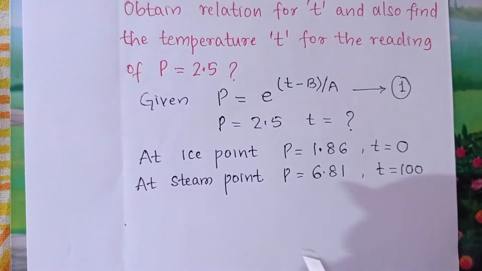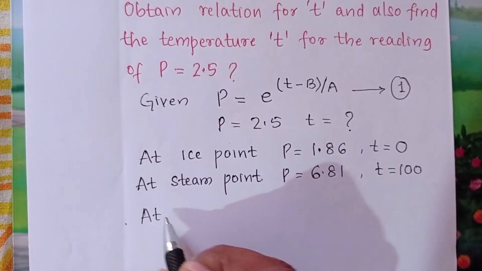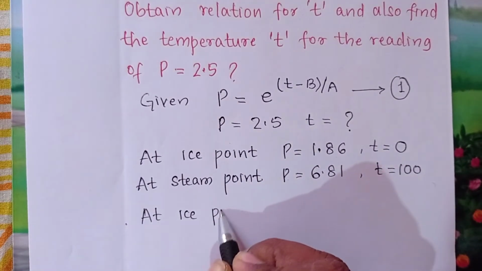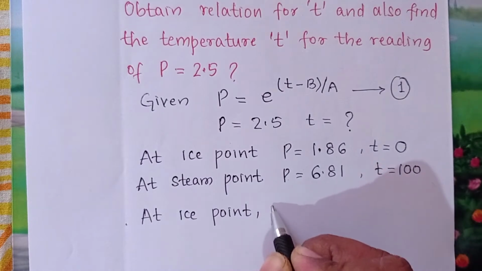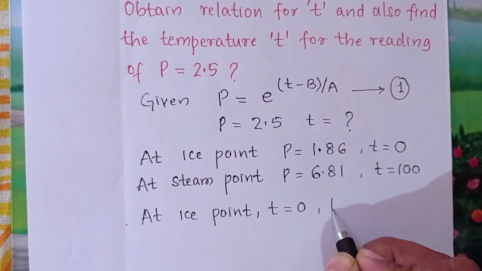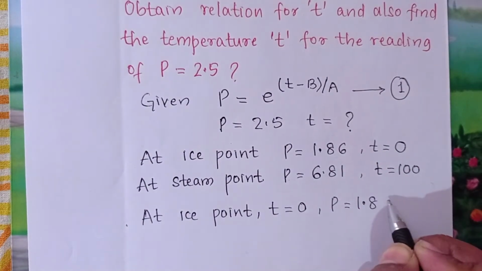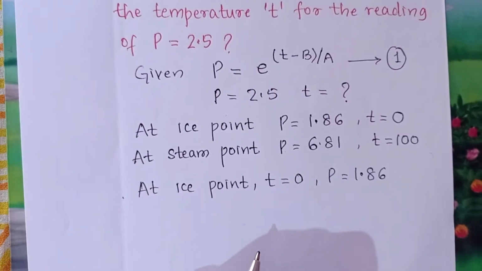So let us take first the ice point. At ice point, when T is equal to 0, P is 1.86. So this value I am substituting in the governing equation.